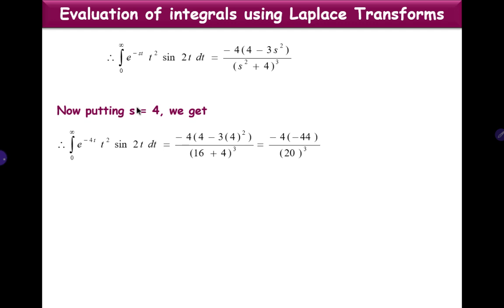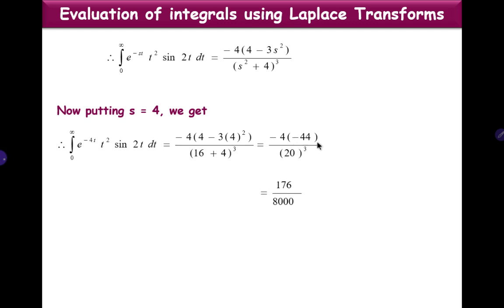So taking s equal to 4, we get integral 0 to infinity e power minus 4t into t square sin 2t dt is equal to minus 4 into 4 minus 3 into 4 square, which is 16, by 16 plus 4 whole cube. That is minus 4 times 4 minus 3 into 16, that is 48. 4 minus 48 is minus 44, by 16 plus 4 is 20 whole cube.